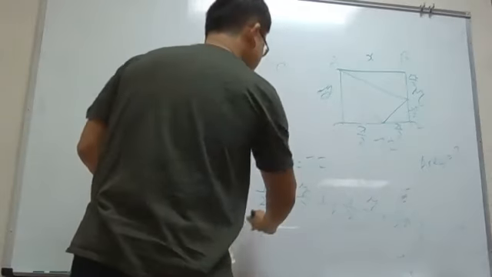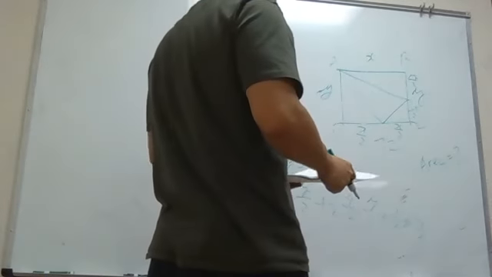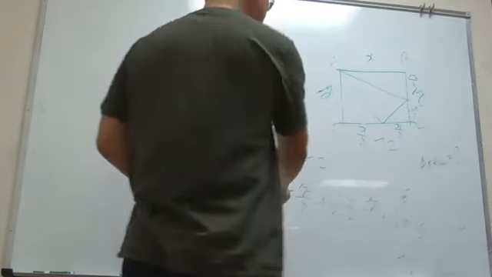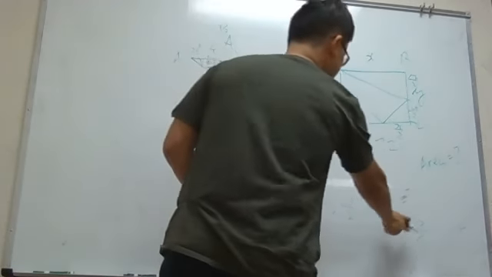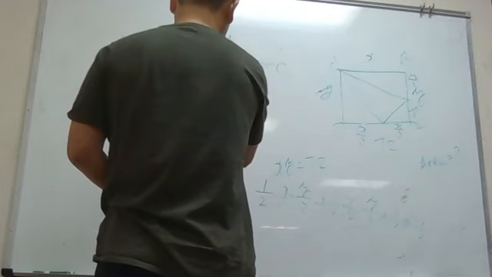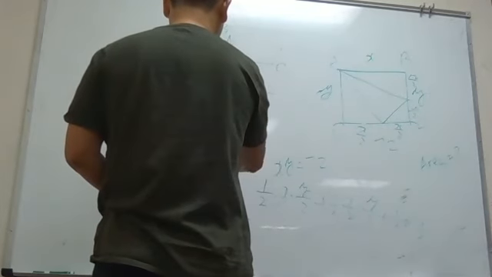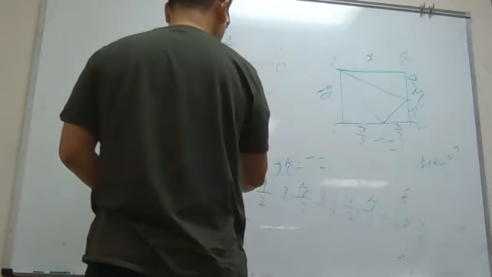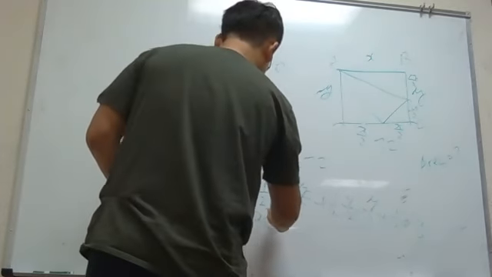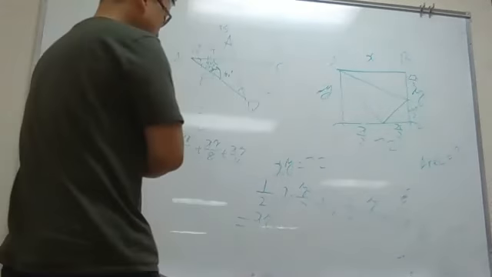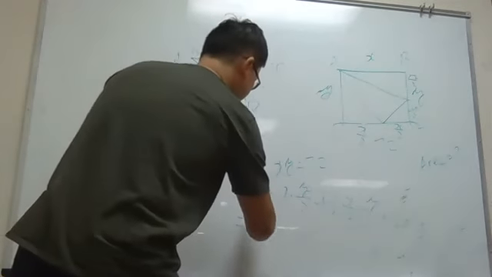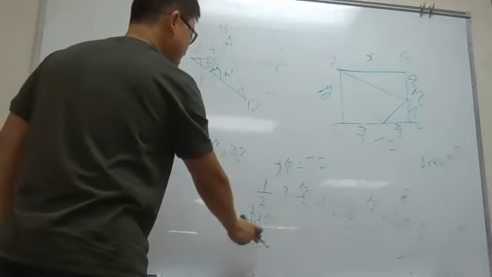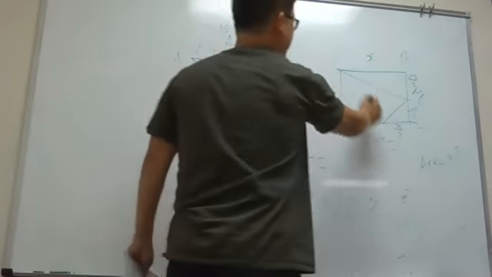So if you add them all up, what do you have? xy over 4, xy over 8, and then xy over 4 again, so it's going to be 5xy over 8. You subtract that from xy to get the area of the triangle.